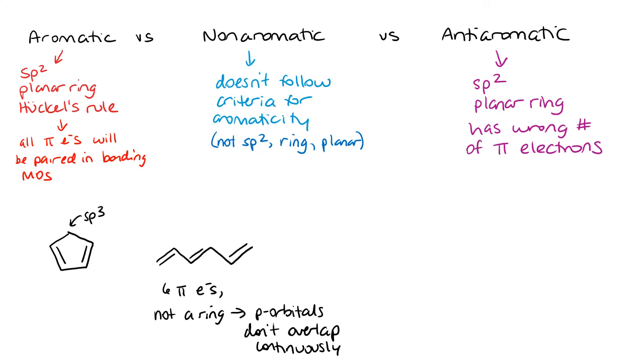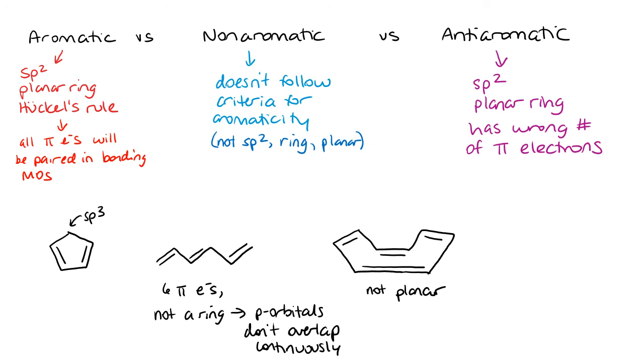So some rings have too much ring strain to actually be planar. So an example would be an 8-membered ring with 8 pi electrons. It actually folds itself up into a boat formation. Okay, so this is not planar, which means the p orbitals do not have the potential of overlapping continuously. So these are all examples of non-aromatic compounds.